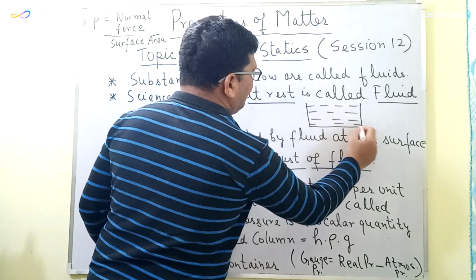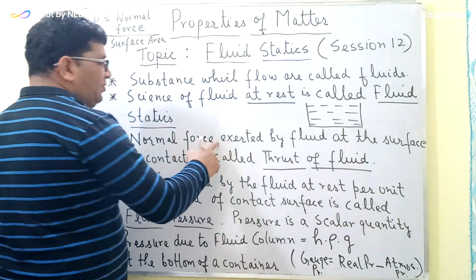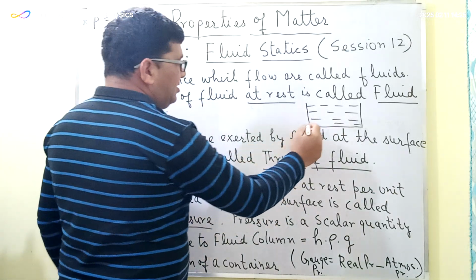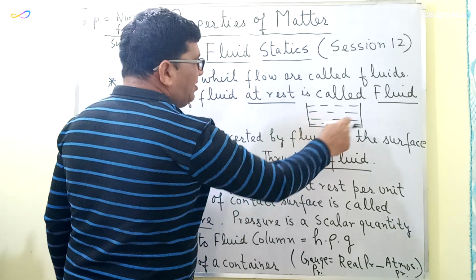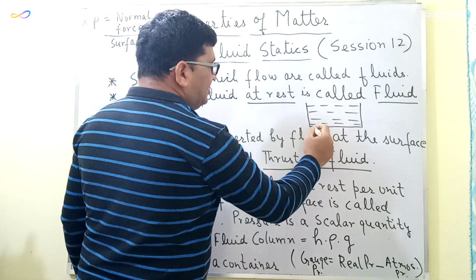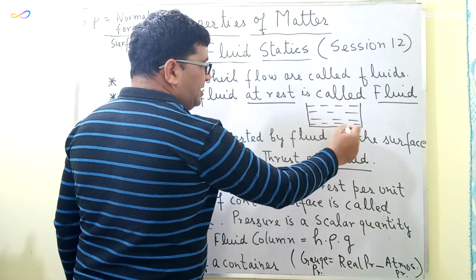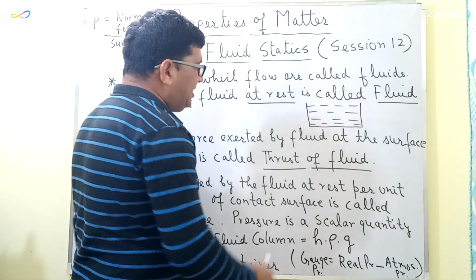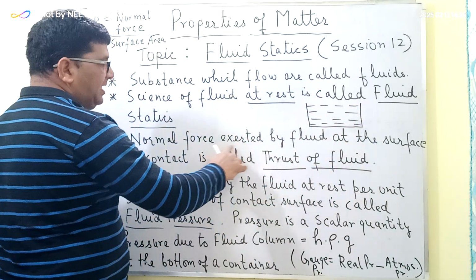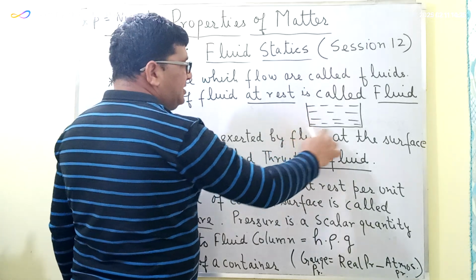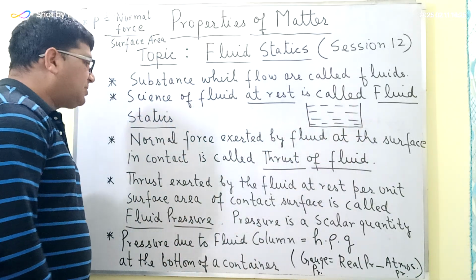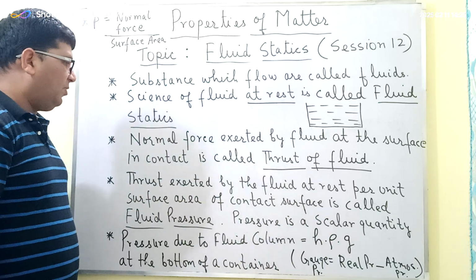The surfaces which are in contact with this fluid are the bottom of this container and these two walls of the container. So the normal force exerted by the fluid at these two walls of the container and at the bottom of the container is called the thrust of the fluid.